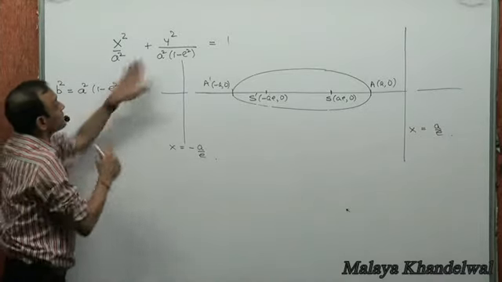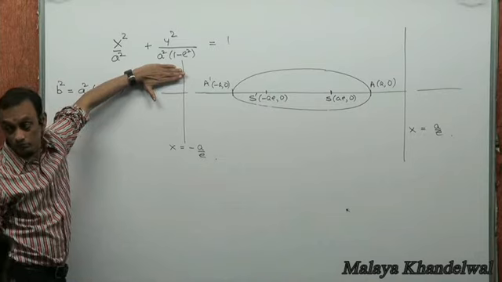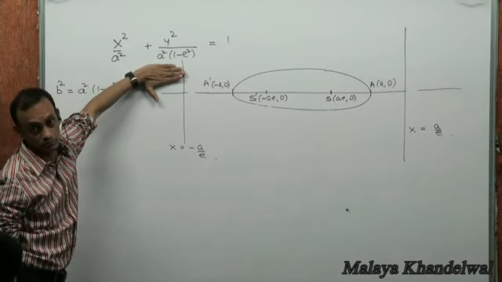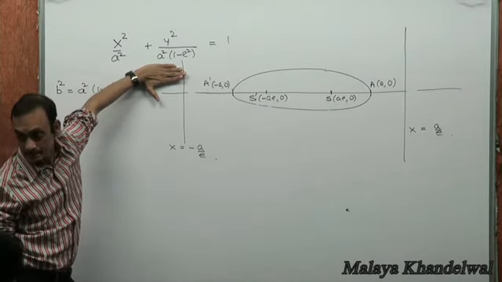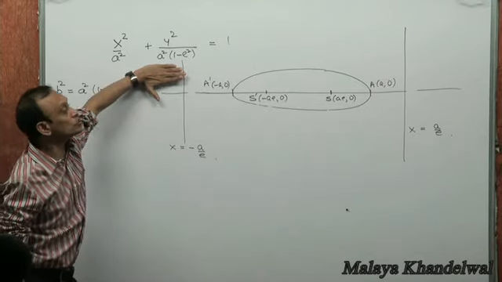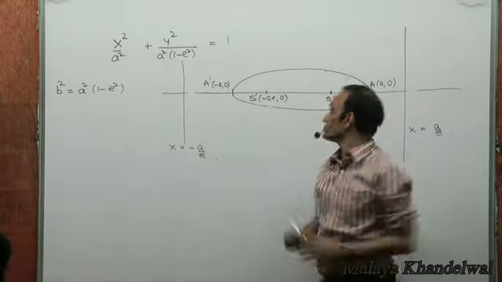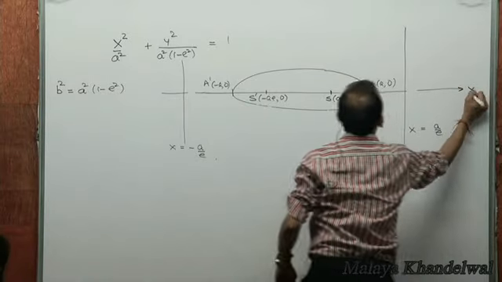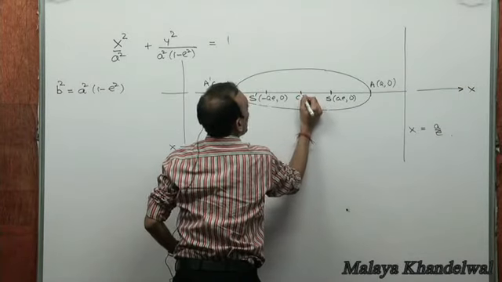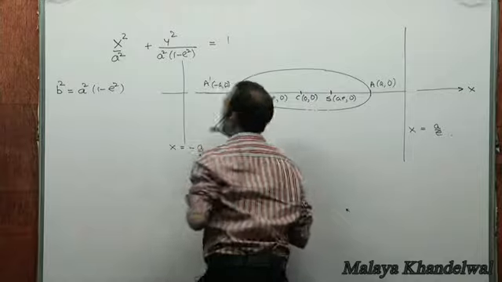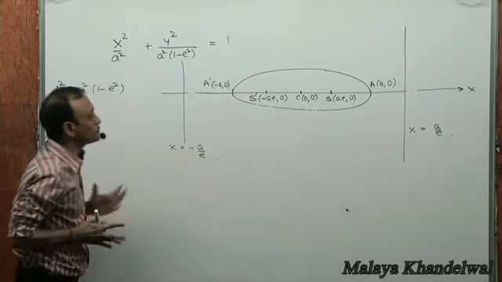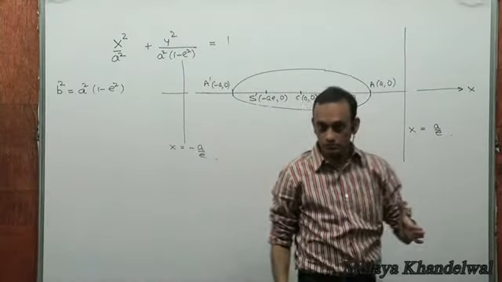Now, when I derived this equation of a standard ellipse whose axis of symmetry was also the x-axis, and whose center was halfway between the two foci, the origin, right?